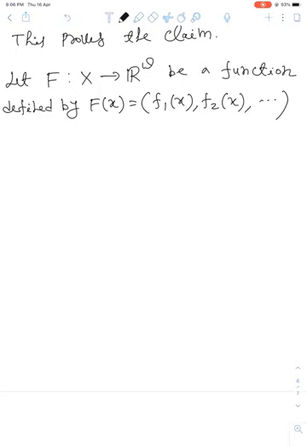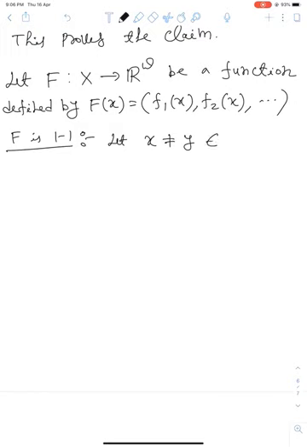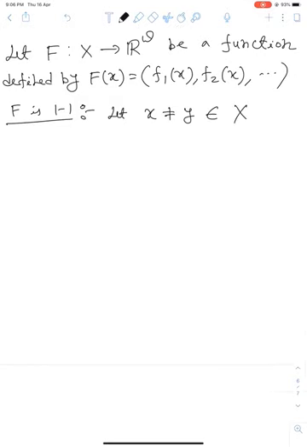So first of all, the claim, or we can just write the proof, that f is 1-1. So why is f 1-1? This is simple. First of all, let x not equal to y be two points in X. Now that implies x belongs to X minus {y}.